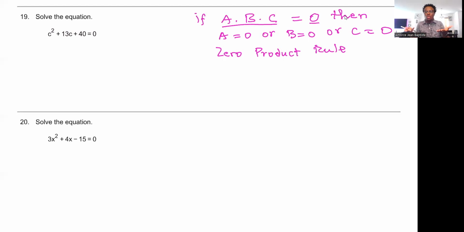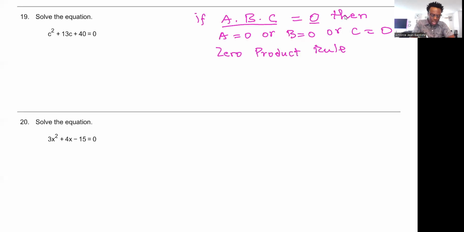Then that's when I can use the zero product rule. If it's not 0 on one side and the product on the other side, you can't use the rule. So that's what it means. So that's why we gathered all these tools about factoring, so you have no excuses to factor an expression in order to solve an equation.